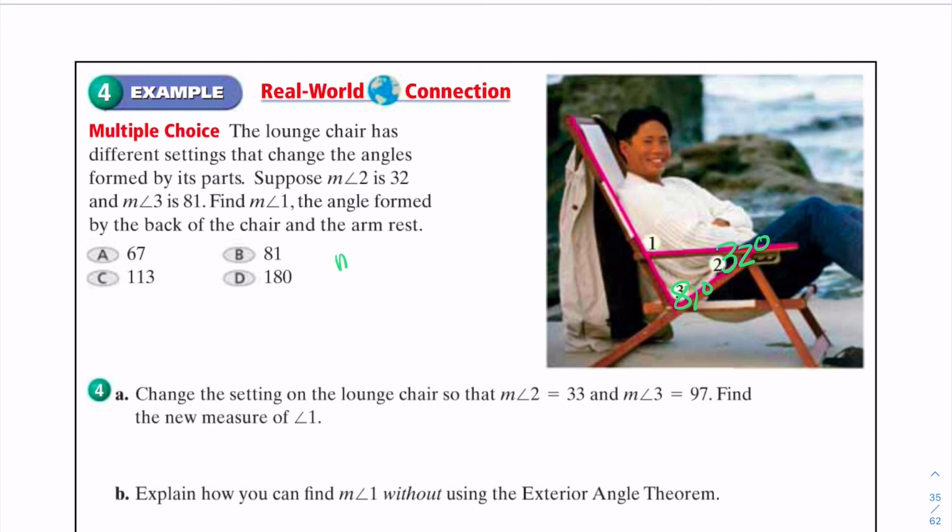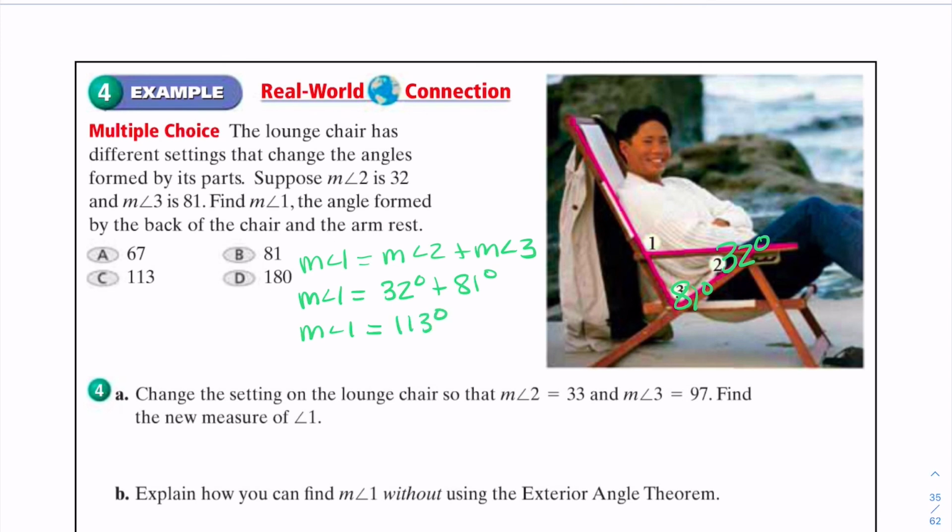So the measure of angle 1 is equal to the measure of angle 2 plus the measure of angle 3. So the measure of angle 1 is equal to 32 degrees plus 81 degrees, which is 113 degrees.